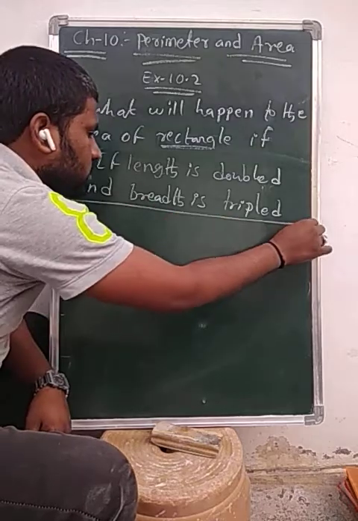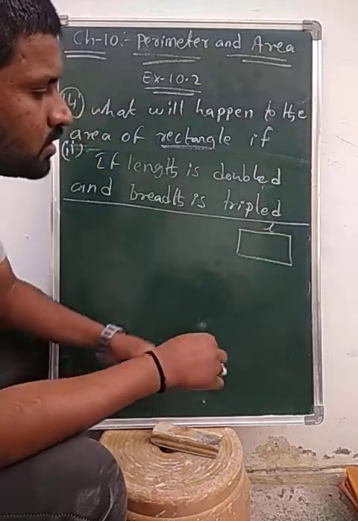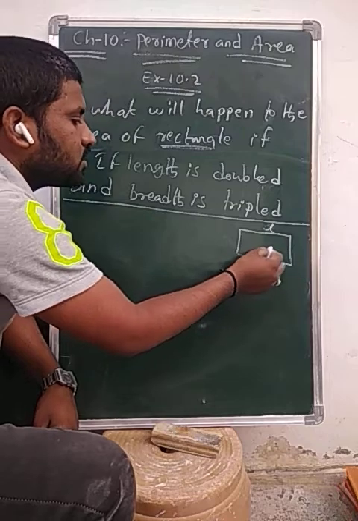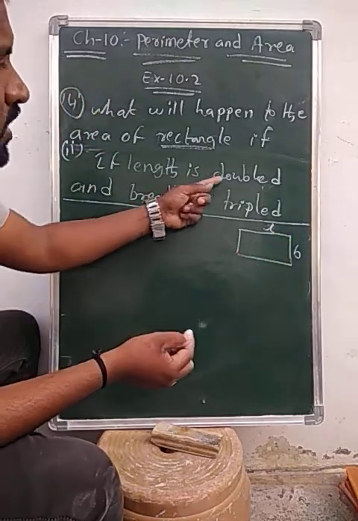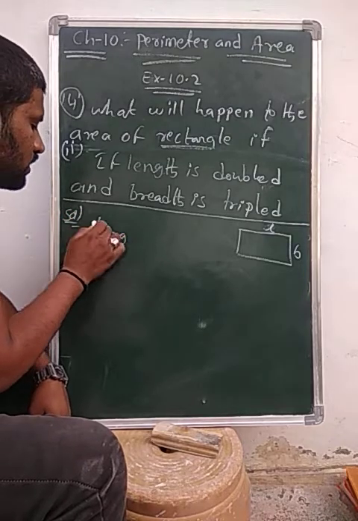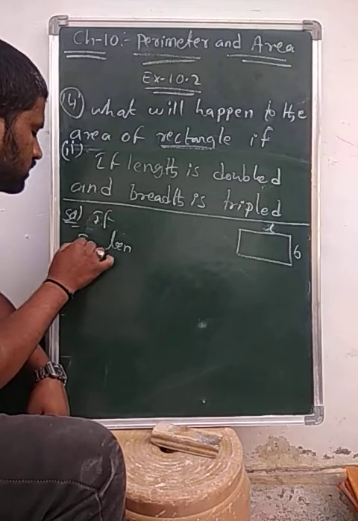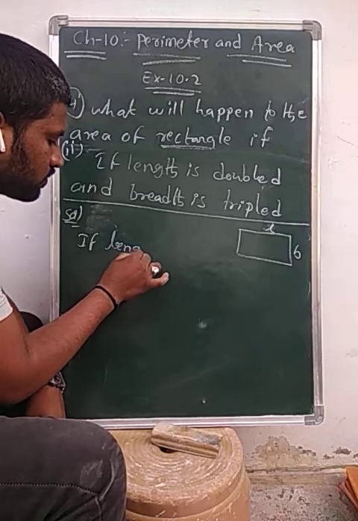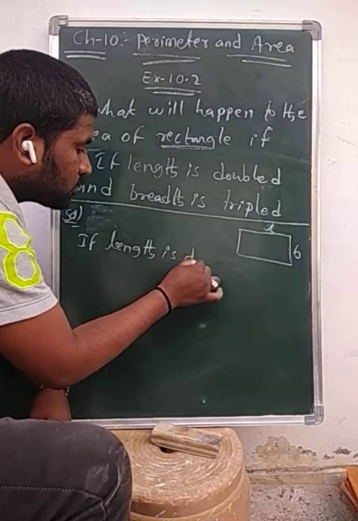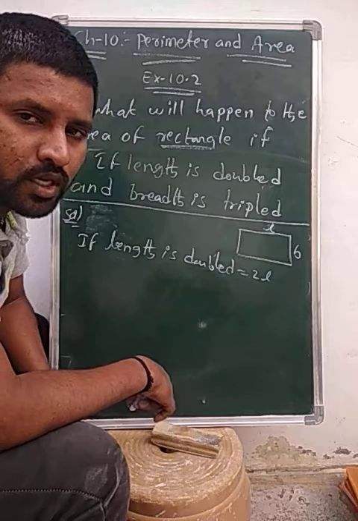Usually, just before the procedure: the length of a rectangle is L and the breadth of a rectangle is B. Length is doubled means what? If the length of a rectangle is doubled, that is nothing but 2 into L, 2L.